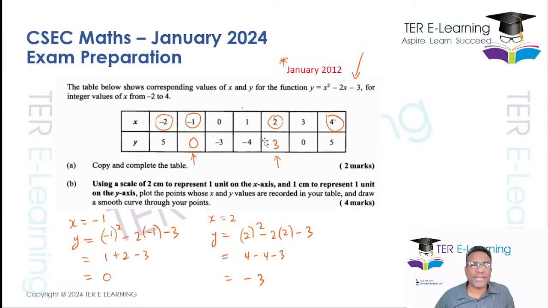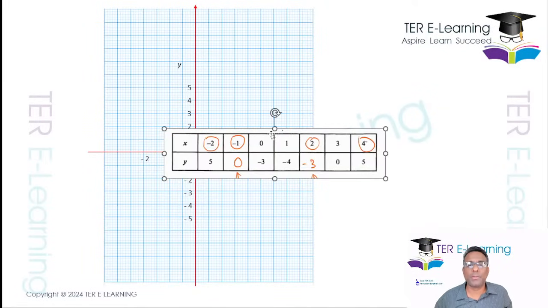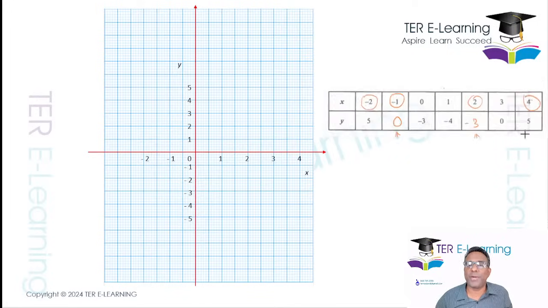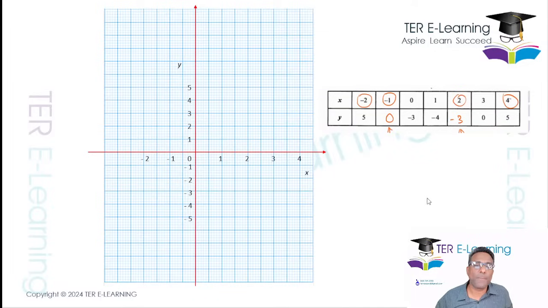Right, so the next part now, they want me to draw. They told me the scale to use, and they want me to draw a graph passing through these points. So these are the values we have in the table here. Hopefully it is not too small. The scale is a little strange.